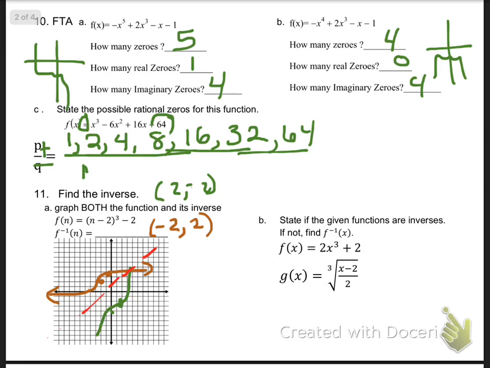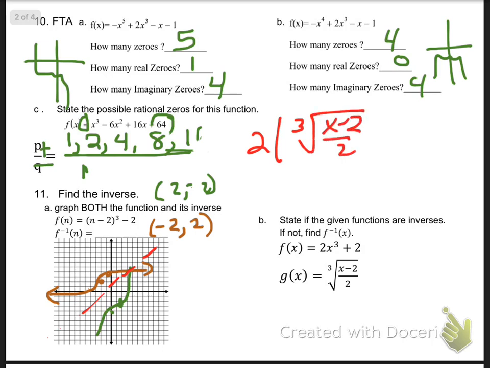Okay. Now here for B, they want us to show that these are inverses, and there's only one way to do this, and a lot of people get this wrong. All right, so what you have to do is put one function inside of the other. So I'm going to put g inside of f only because f comes first. So I'm going to do 2, and then here instead of x, I'm going to put the cube root of x minus 2 divided by 2, cubed, because that's x plus 2.